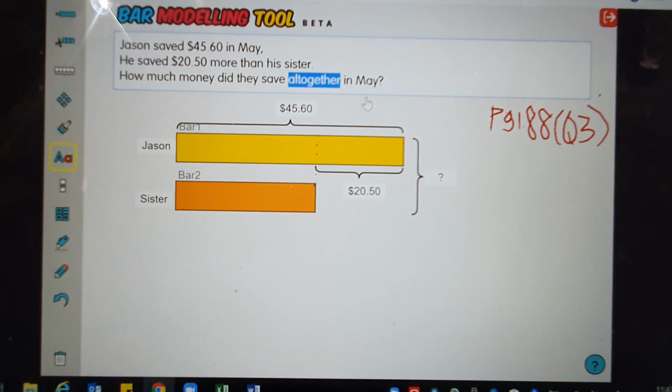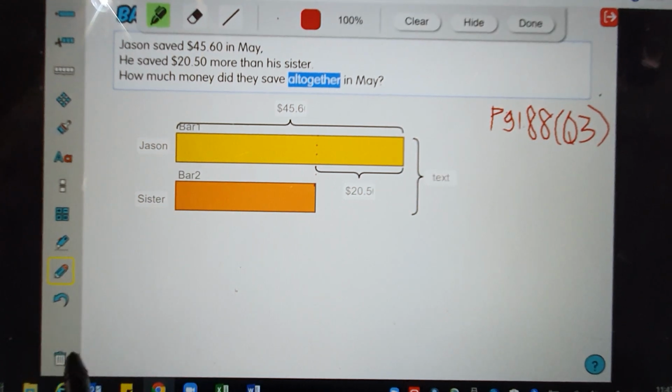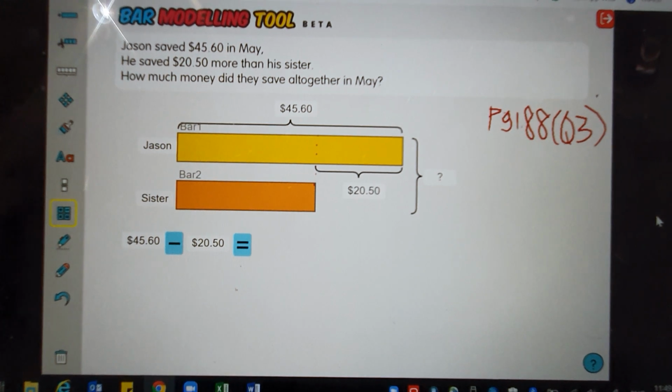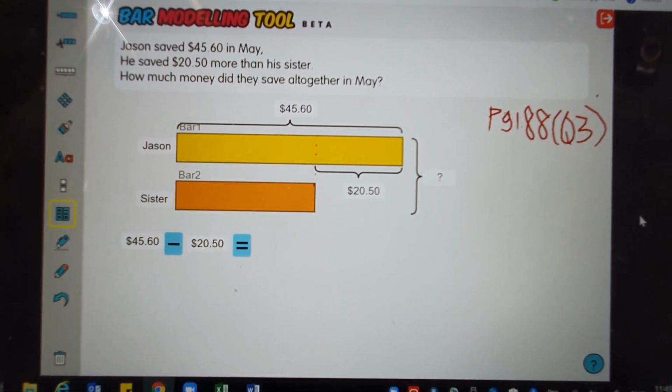I already know Jason has how much. I just need to find how much the sister has. The sister is the shorter bar, so I will just take $45.60 minus $20.50. Your first step will be $45.60 minus $20.50.